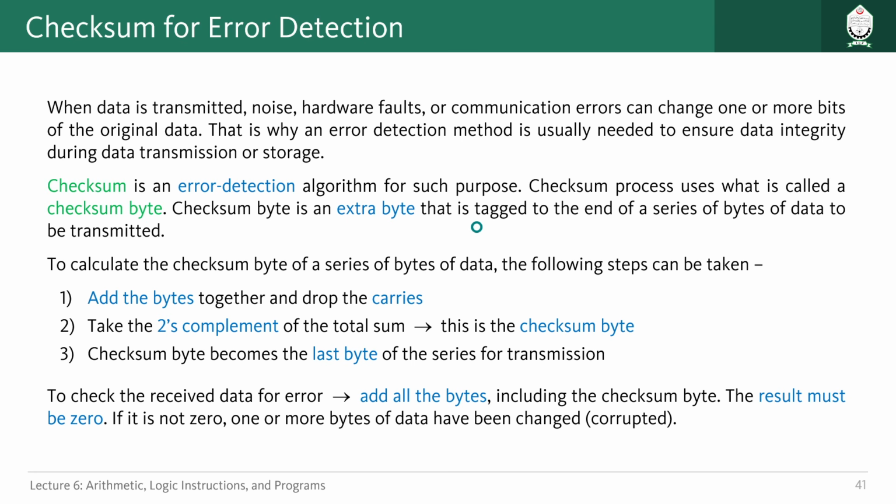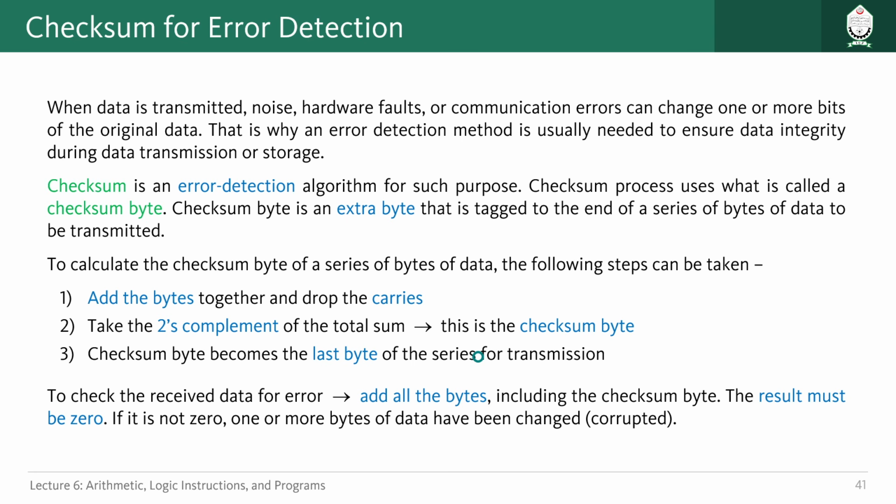First of all, we add all the bytes together and then drop the carries. After doing all the calculation, if I get any carry, it should be discarded. Only the 8-bit result should be considered. Then we take the 2's complement of that value. That will be the checksum byte of the series of bytes we want to transmit. And this checksum byte will become the last byte of the series of data to be transmitted.